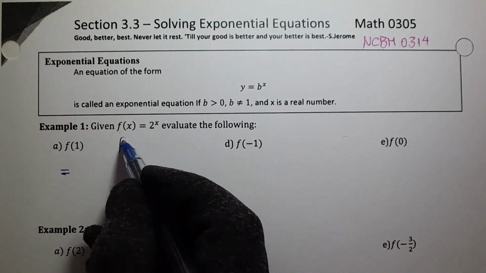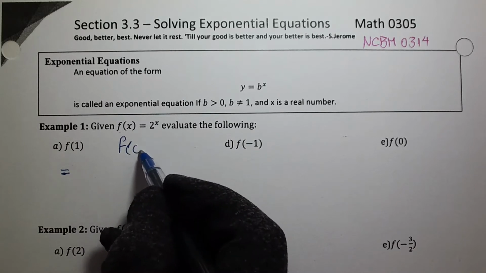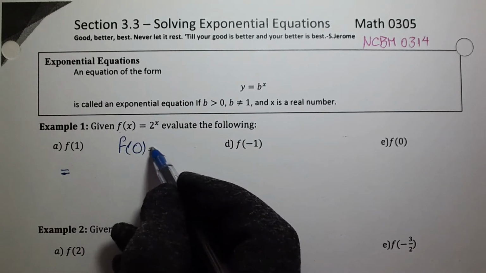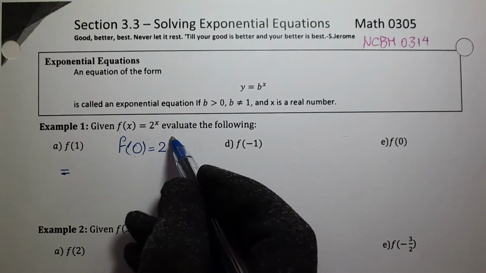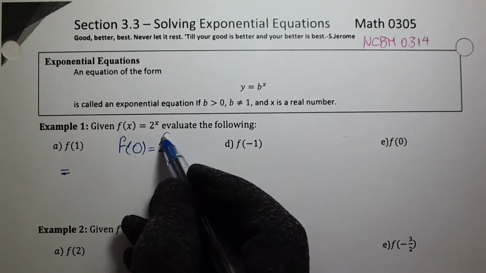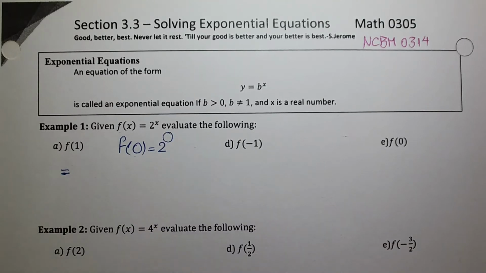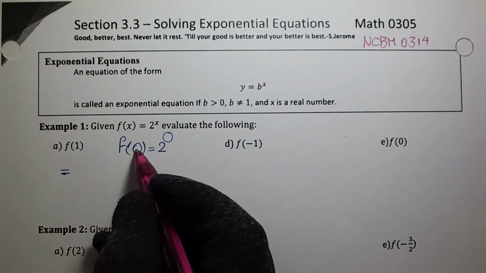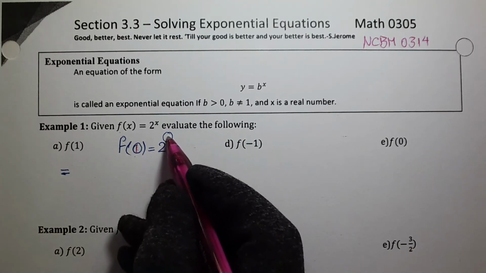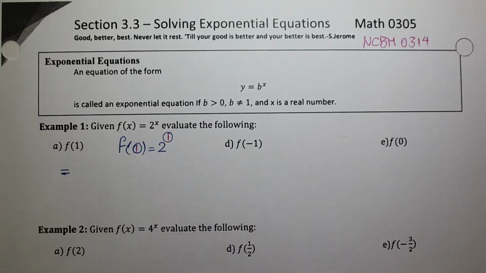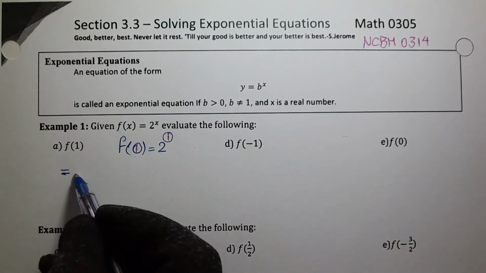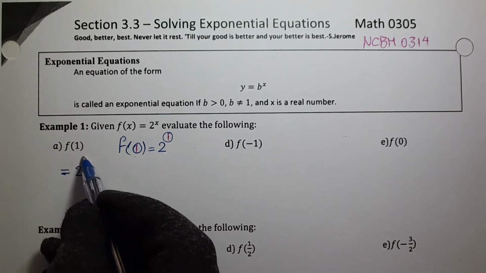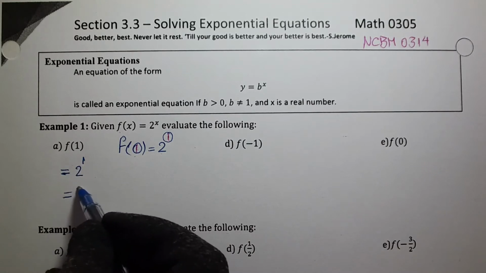Imagine instead of x, we have a blank space. F of something equals 2 to the power of that something. Now, if I have 1 here, this is going to be 2 to the power of 1. So f of 1 equals 2 to the power of 1, or 2.